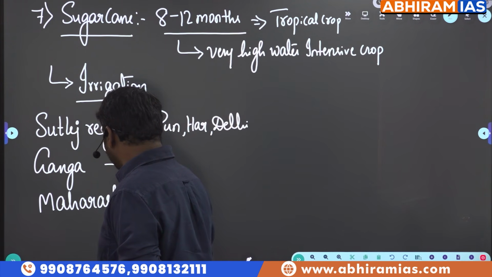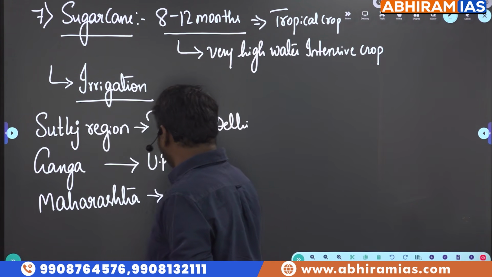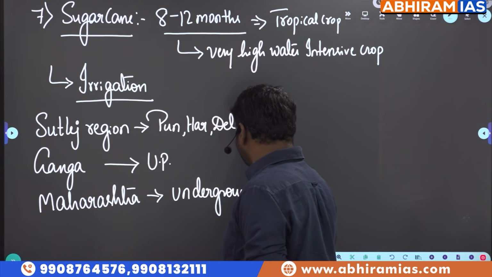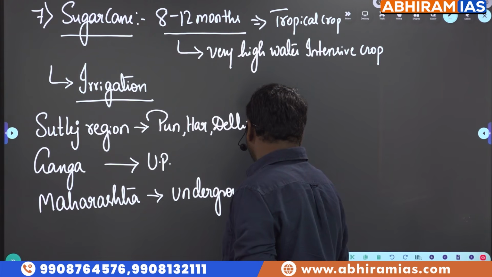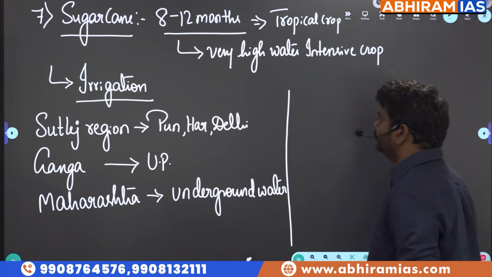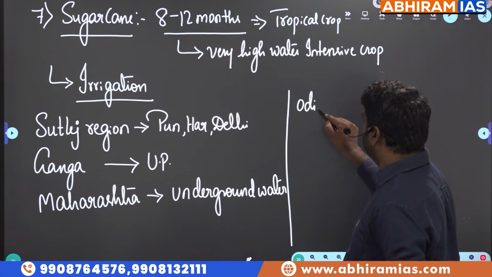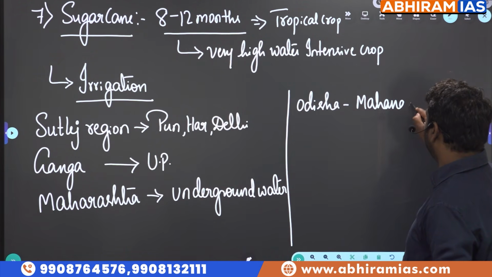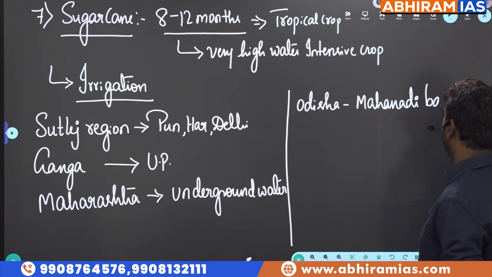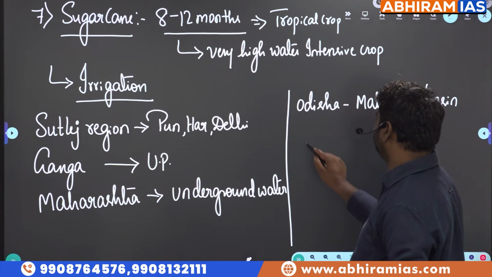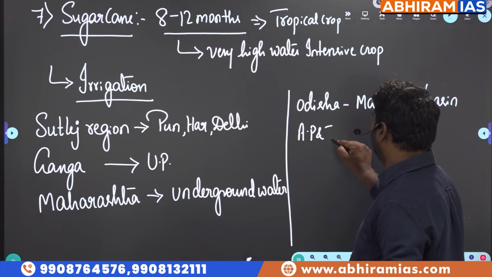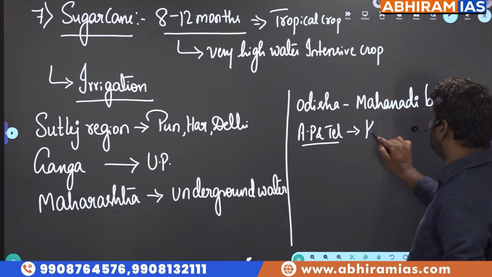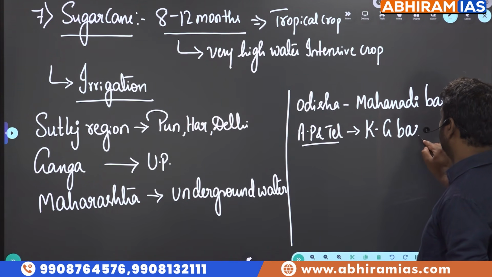Maharashtra uses underground water. In Odisha, they use the Mahanadi river. We call it the Mahanadi basin, where they grow sugarcane. Andhra and Telangana, Krishna Godavari basin.